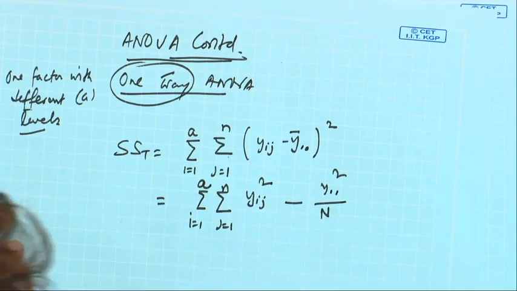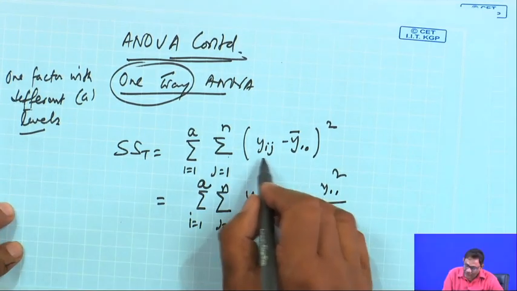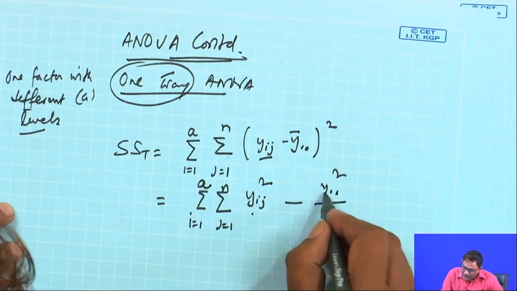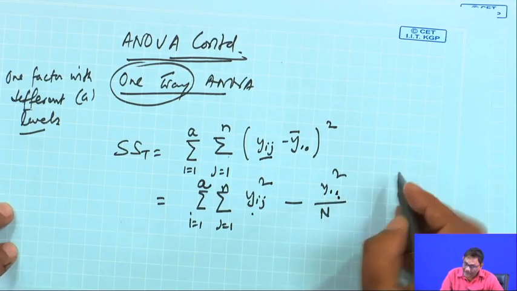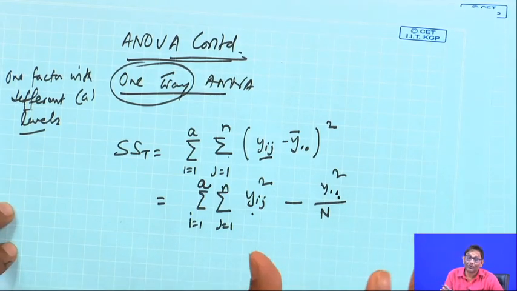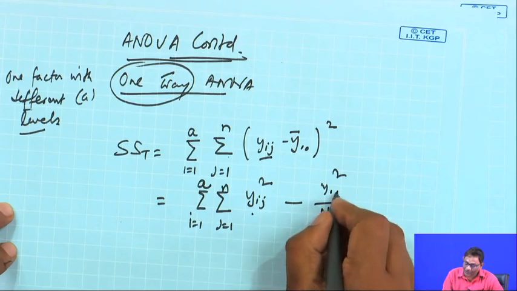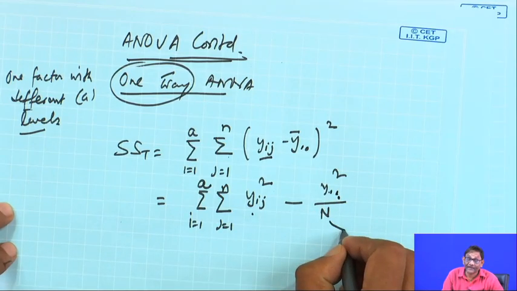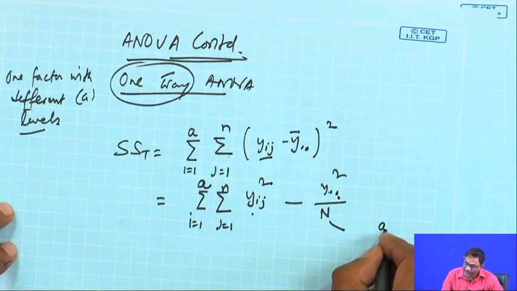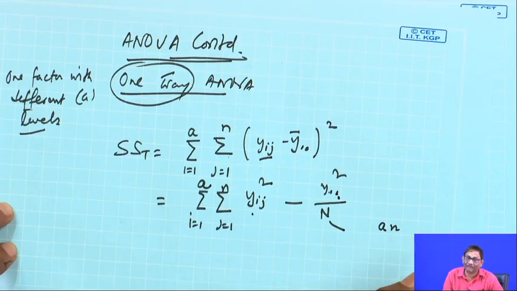So, what are the differences? Yij, you know this Yij, but what is y dot dot? Y dot dot is the sum total, the grand total of all Yij. What is N here in this case? I have a levels, each level n replications. So, N equal to a n.